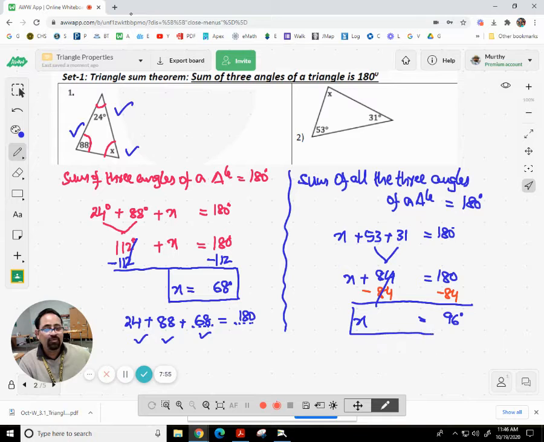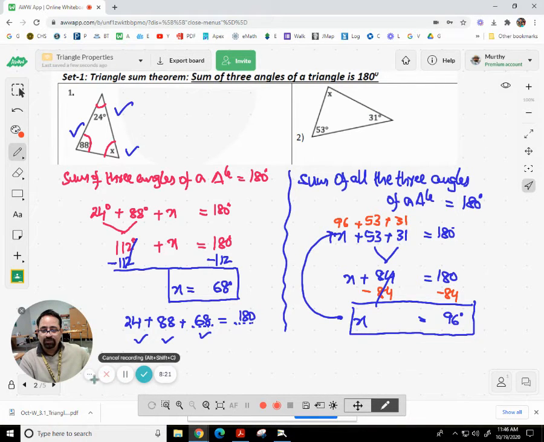You can plug in the value of x in the given equation and check whether it makes 180 degrees or not. When you add 96, 53 and 31, you can check it using a calculator. You'll see that the value of x equals 96 degrees. So let's go to the next page.